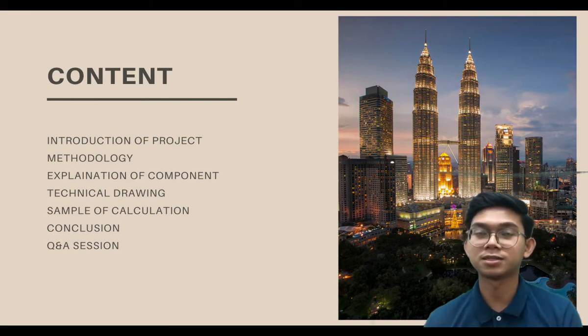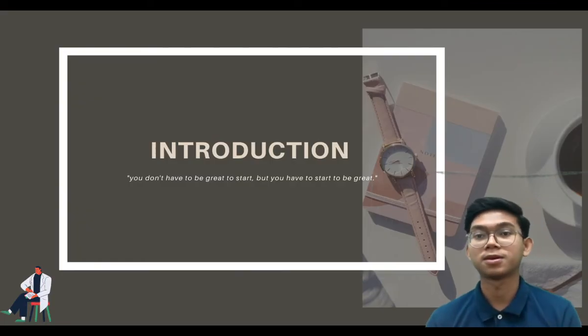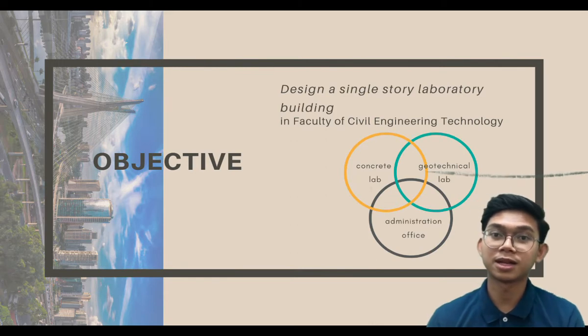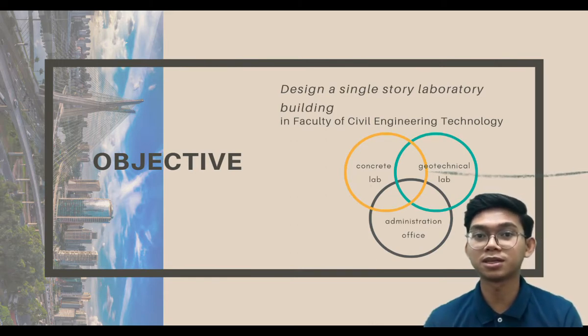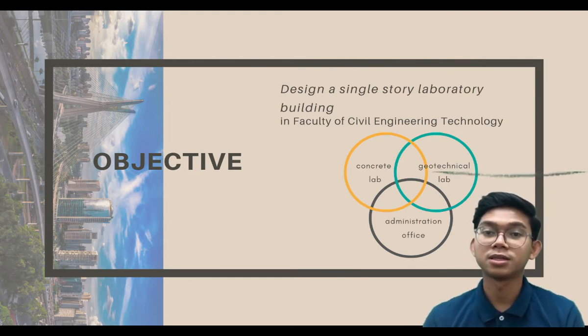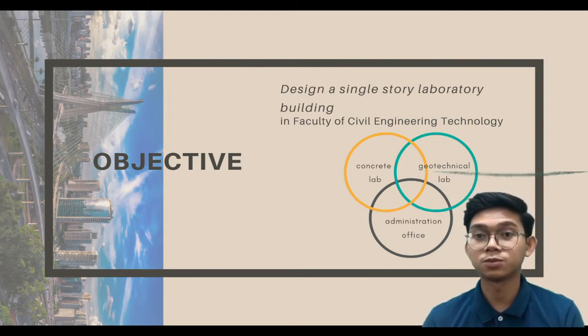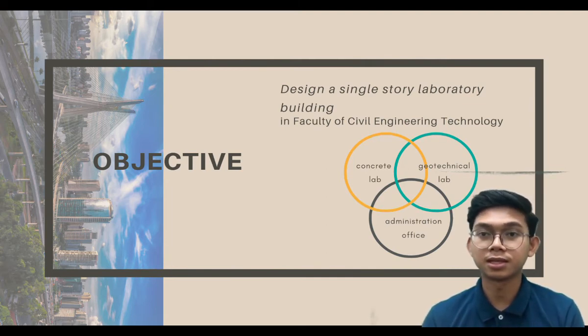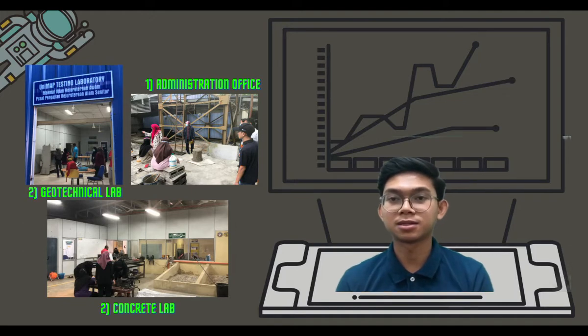So my part is the introduction. Ladies and gentlemen, our mini project is to build a single-story laboratory in the Faculty of Civil Engineering Technology in UNIMAP. This building will consist of three spaces for students and the lecturer. The spaces are the geotechnical laboratory, the concrete laboratory, and the third one is the administration office.